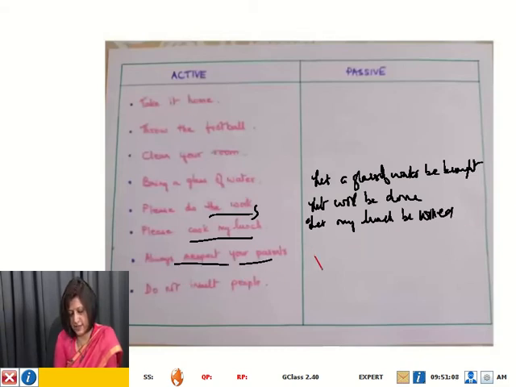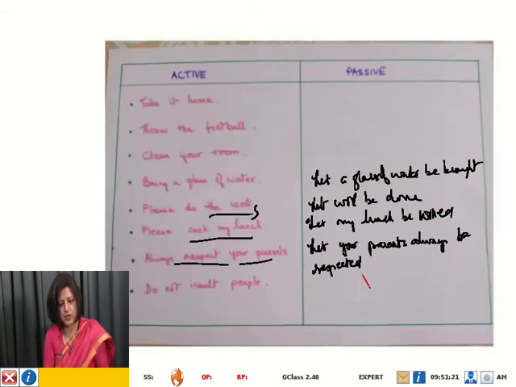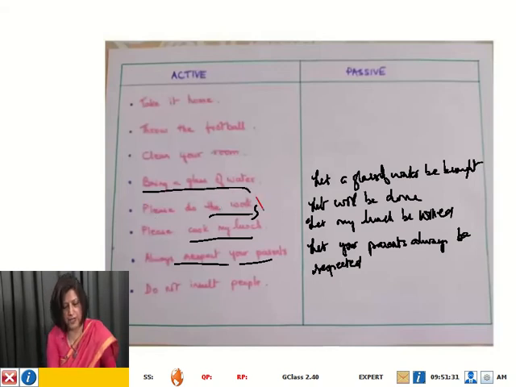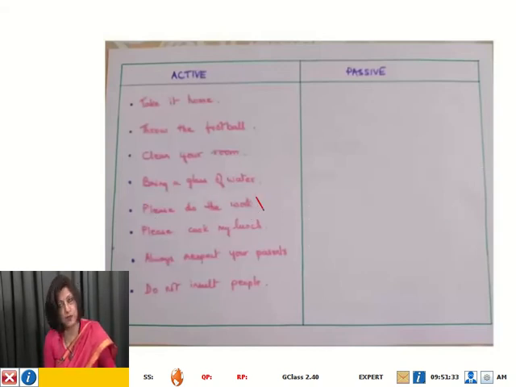Always respect your parents, let your parents always be respected. This is advice, or if you use the other method: you are advised to always respect your parents. Do not insult people, you are advised not to insult people. Bring a glass of water, you are requested to bring a glass of water. You can use that method.